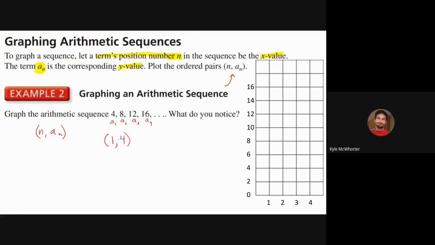For the second term, n is 2, and a sub n is 8. For the third term, n is 3, and a sub n is 12. And for the fourth term, n is 4, and a sub n is 16.